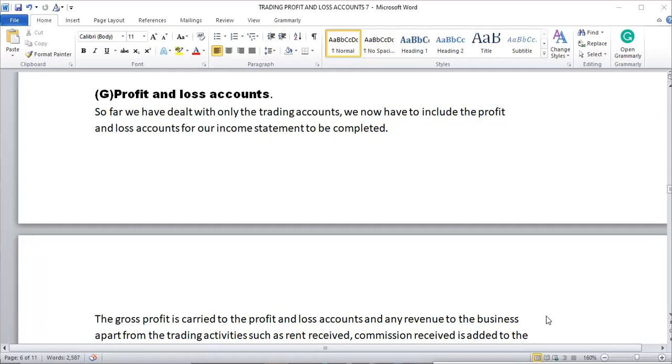Then you take the opening stock and add purchases to it so that you get the total goods available for sale. Then you deduct your closing stock from it so that you get the cost of goods sold. After getting the cost of goods sold, you deduct it from the sales so that you get your gross profit or loss.